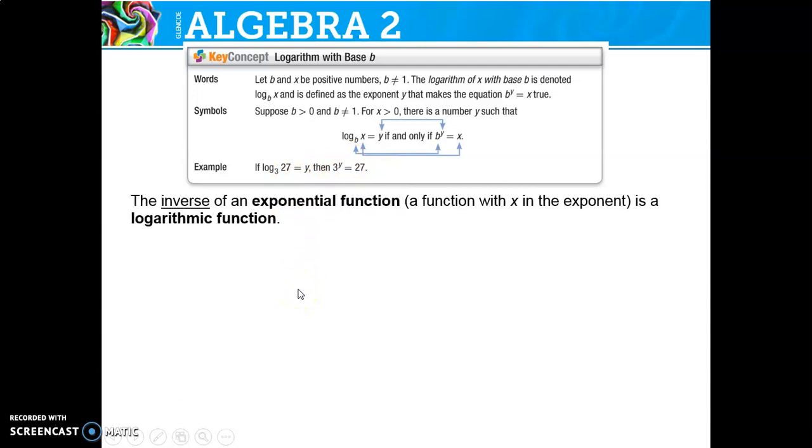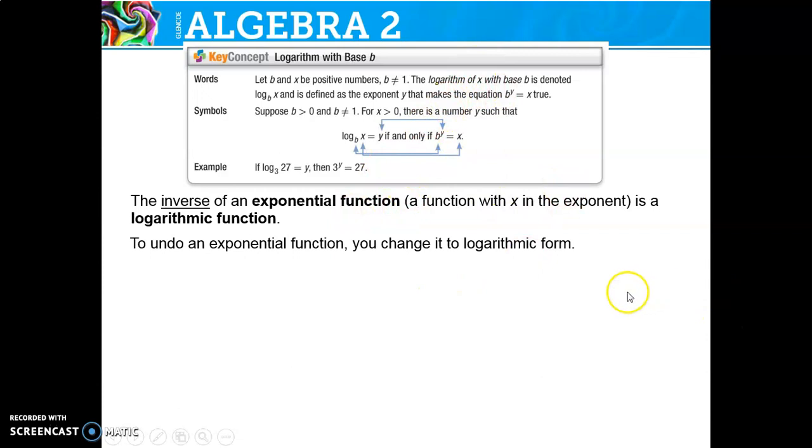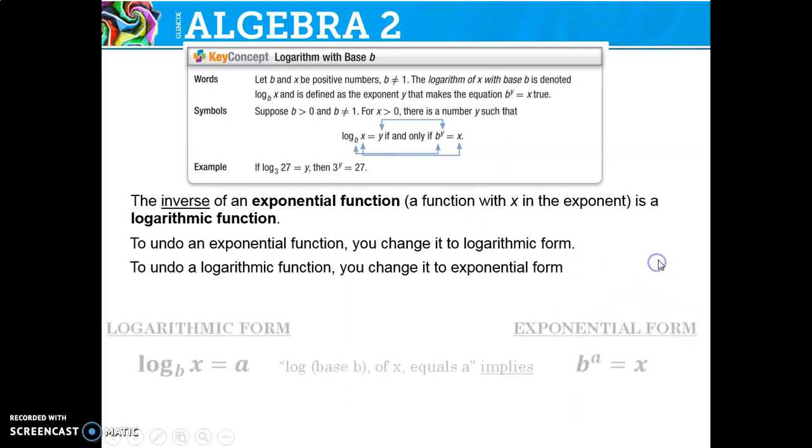The inverse of an exponential function, a function with x in the exponent, is a logarithmic function. Just like you have addition and subtraction, multiplication and division, you have logarithms and exponents. To undo an exponential function, you change it to logarithmic form. To undo a logarithmic function, you change it to exponential form.